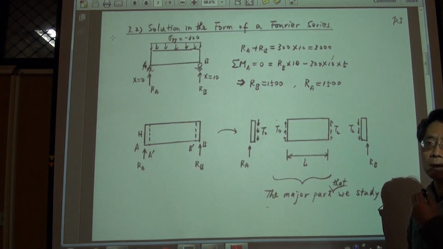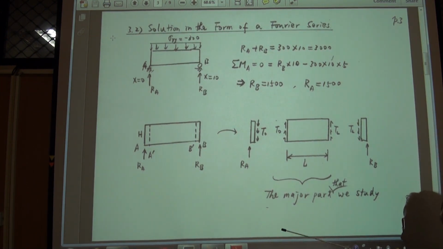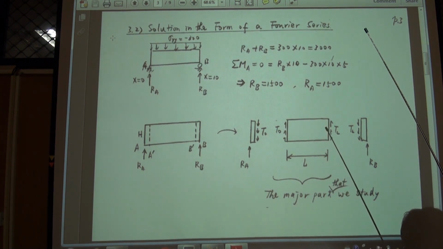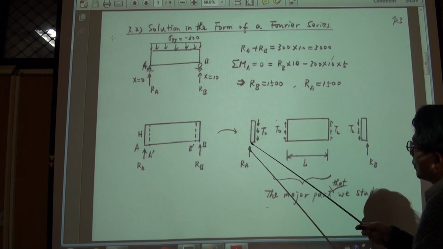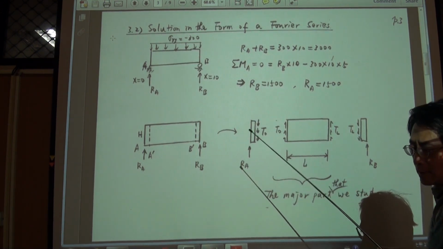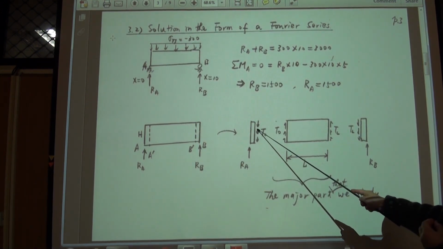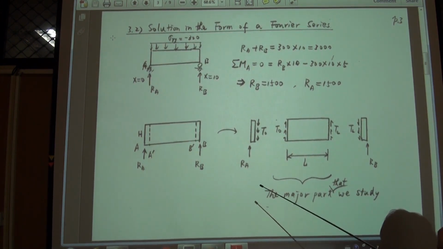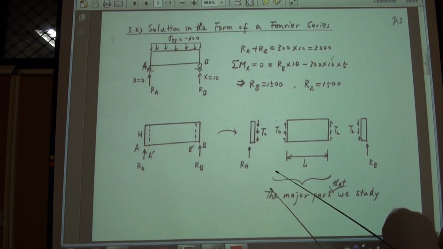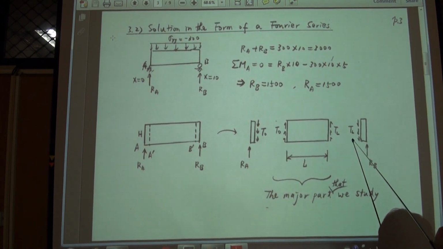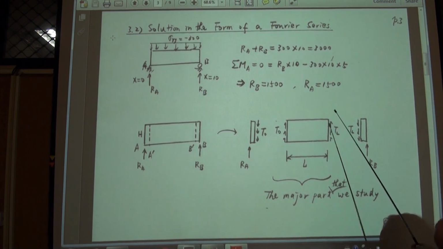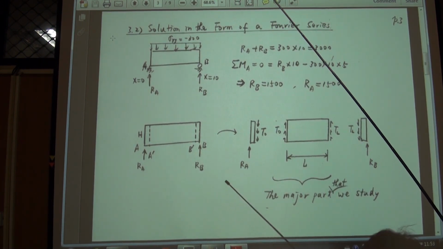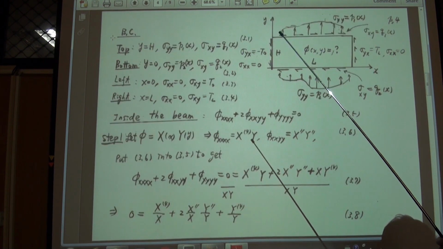It doesn't matter. Okay, it doesn't affect the solution significantly. So we assume that the shear forces along this edge are distributed uniformly. Okay, in such kind of reasoning, we get T0 and TL. So T0 and TL are some given numbers. Okay, they are not unknowns.